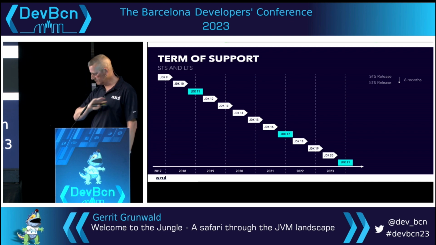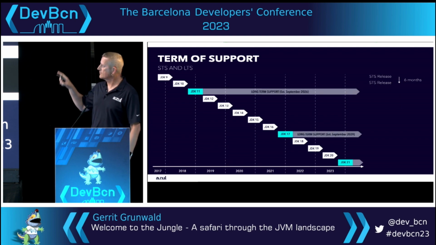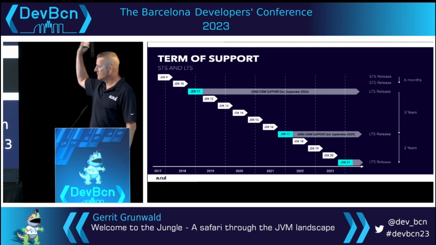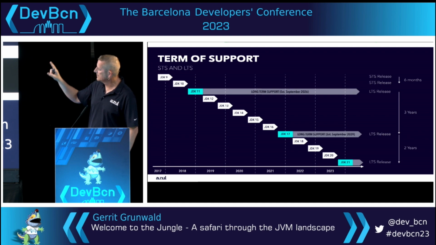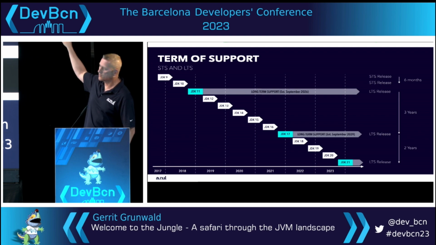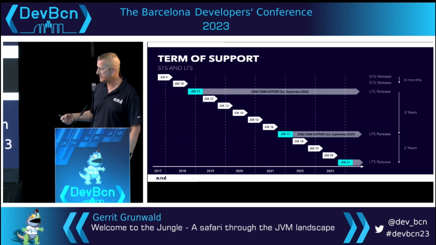After 6 months, that's it, no support anymore. Why is that important? If we take a look at the LTS releases, you see they have a much longer time of life, right? So, and the 8 is not on here, 8 is even longer. 8 is till 2030, right? You get support for JDK 8.